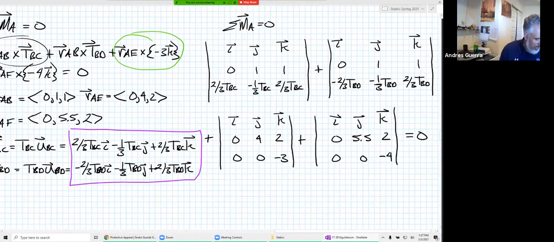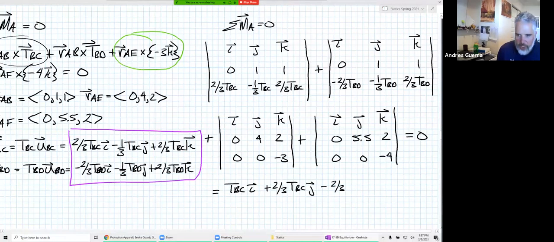So if we do these cross products, what we're going to find from that first one, we're going to get a TBC in the I plus a 2/3 TBC in the J minus a 2/3 TBC in the K direction. That's from the first determinant.